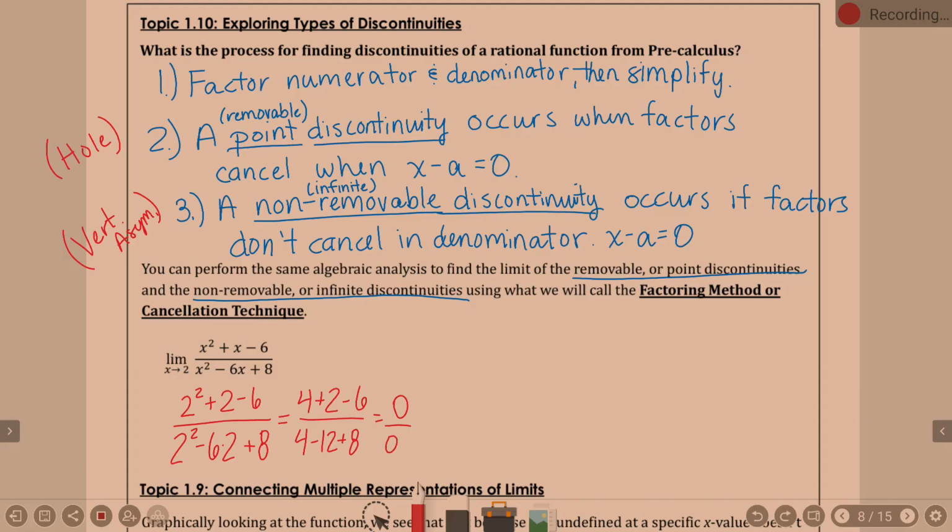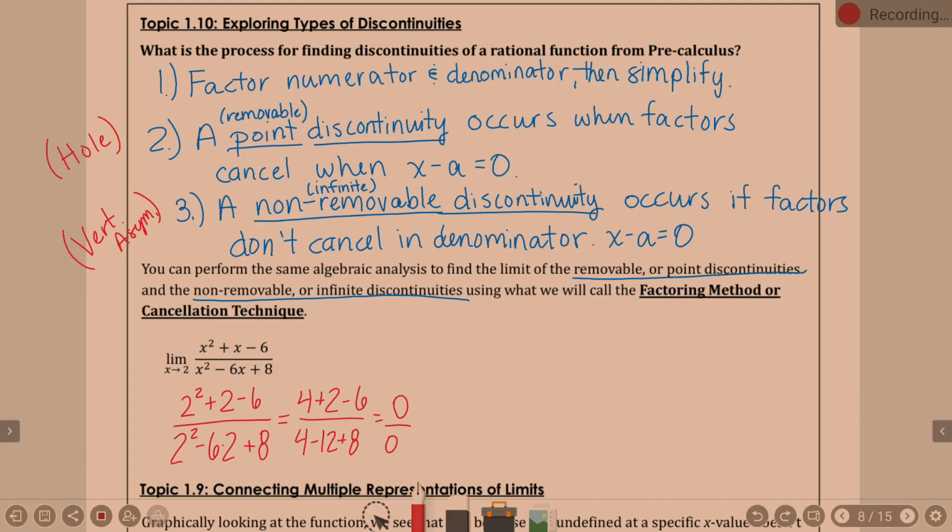What did we just get? 0 over 0. But I'm going to tell you, for 0 over 0 every time, it's indeterminate form, try another technique. You don't get to stop at 0 over 0. You don't get to automatically say does not exist. Because in all honesty, more often than not, it probably does exist.